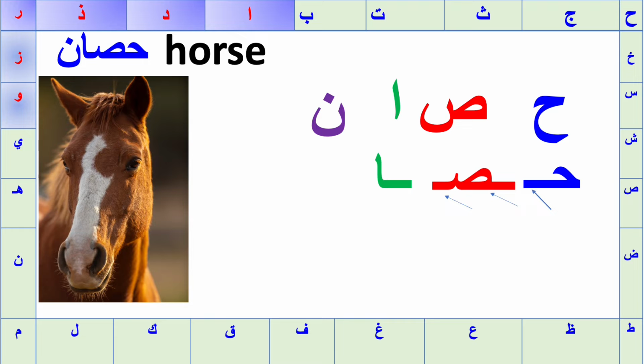The final letter is a noon. The final letter noon is not connected with the alif because the alif can only connect with the letter to the right hand side. When the word is written, we get this form: hisan.